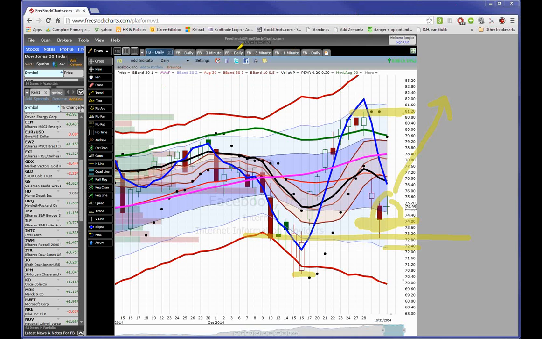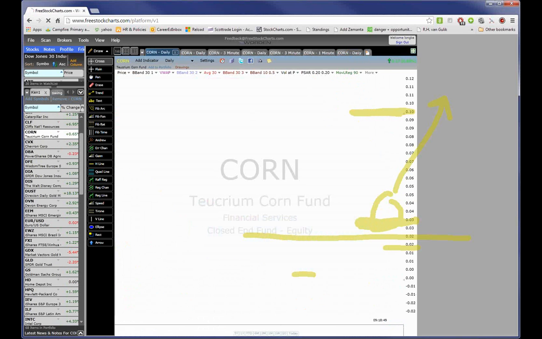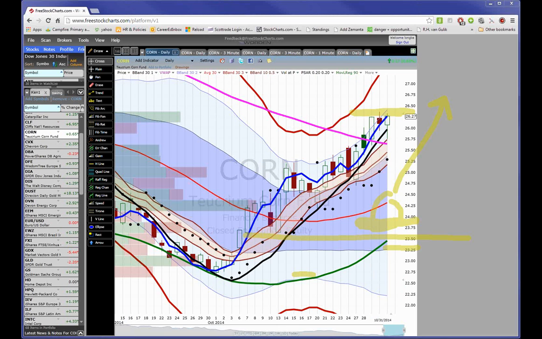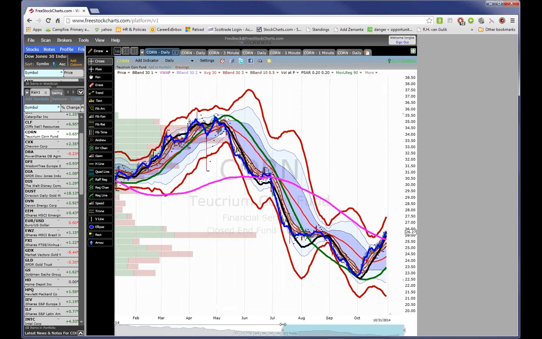Last one I want to look at is corn. I like this. Corn is back to its fair value.